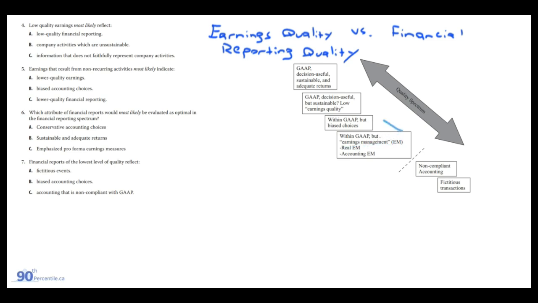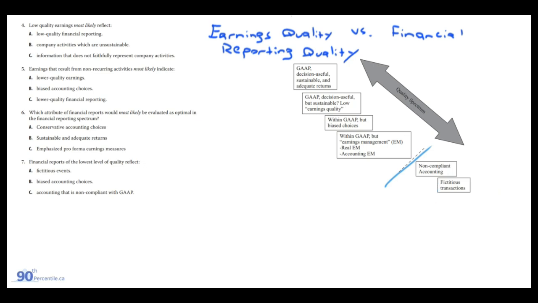So this is when companies take either conservative or aggressive stances in their financial reporting and accounting assumptions, used to either smooth earnings or make earnings look better than they are, stuff like that. And then at the very end of the spectrum down here, we have non-compliant accounting, so they're just not even following the rules. And at the very, very end, we have fictitious transactions, which are essentially fraud.